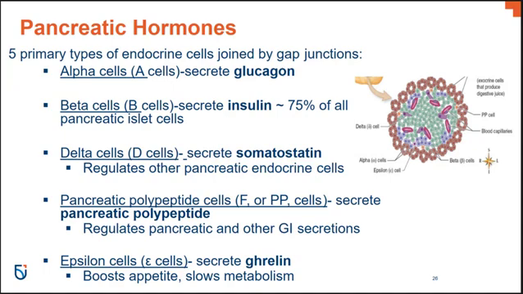Ghrelin will also slow your metabolism down so that your body is more efficient with what's available for energy. And it also may play a role in obesity for probably fairly obvious reasons. Maybe people that are constantly being stimulated to eat may have issues with too much ghrelin through their body, stimulating their hypothalamus. But we're going to speak next about glucagon and insulin.